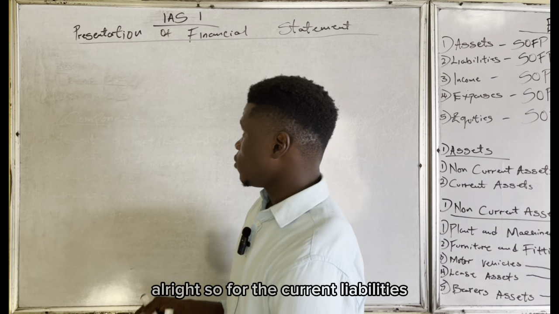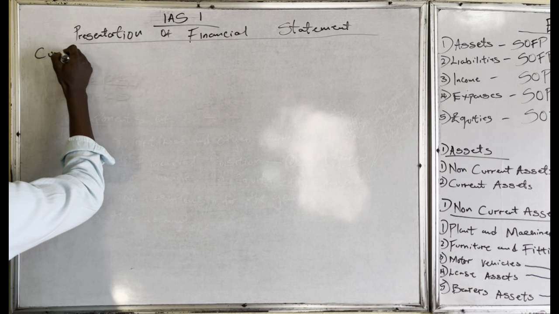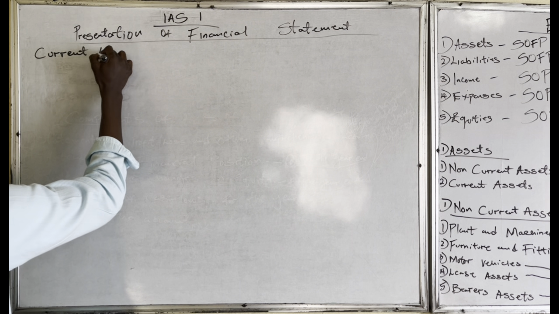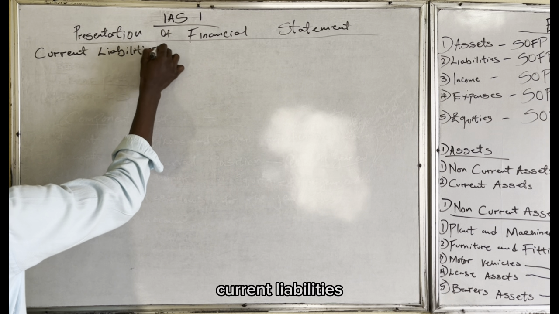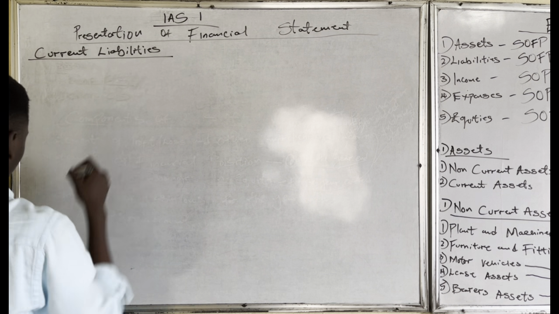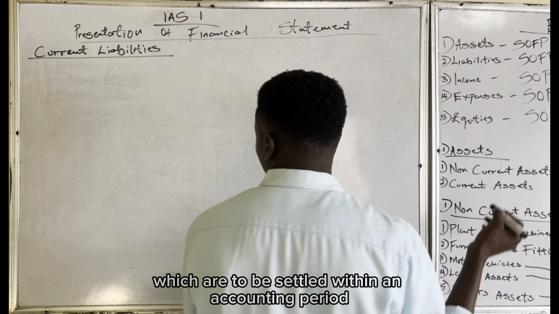All right. So for the current liabilities, they said there are obligations which are to be settled within an accounting period.